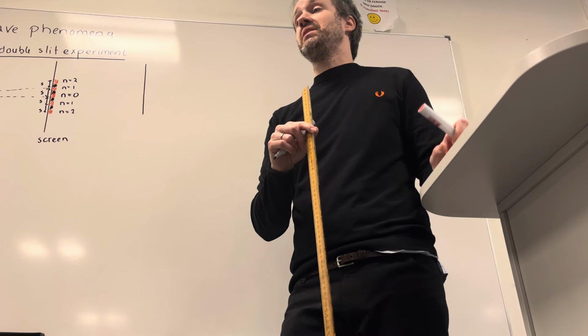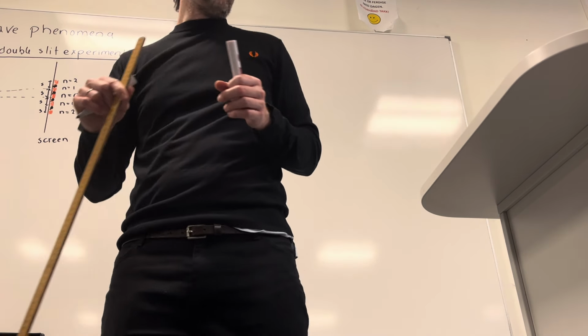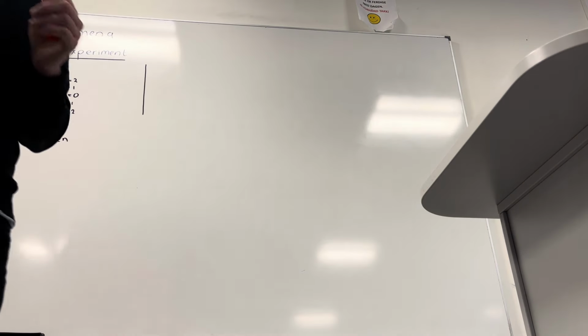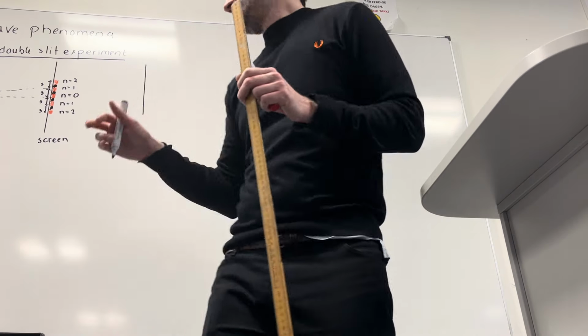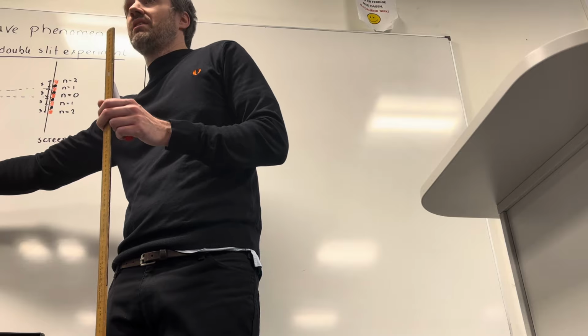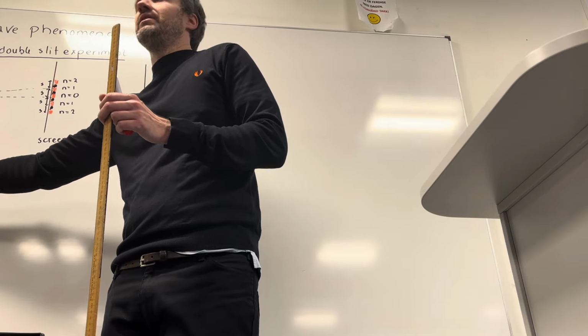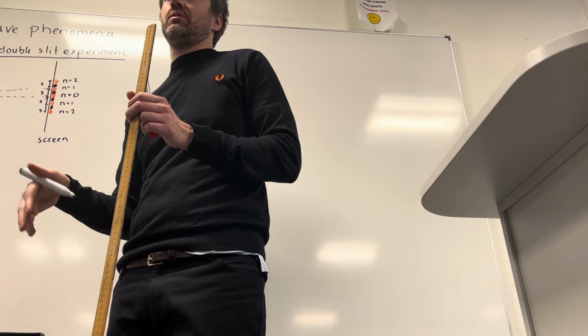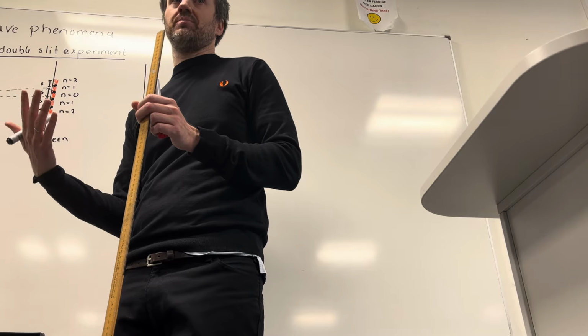That will not be the case when I introduce 300 slits per millimeter, because this distance here will be very small. This distance here will be greater. The angle will become greater, and I can no longer use the small angle approximation.